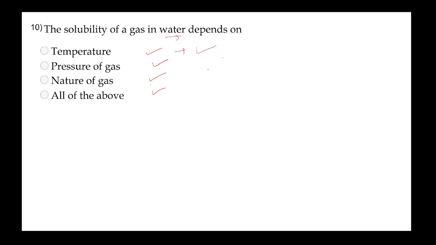So it depends on temperature, and on pressure also, because if you have a closed system and open it immediately, there will be a drastic change of pressure, and depending on that change, the gas comes out. It also depends on the nature of the gas, because it determines the type of interaction between gas and water. So the correct answer here is all of the above.